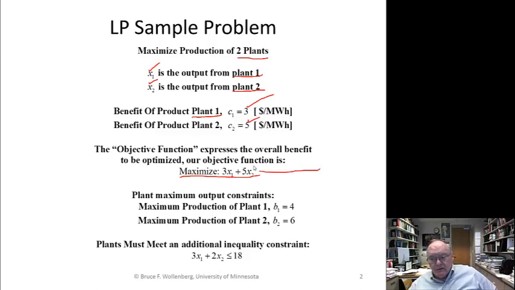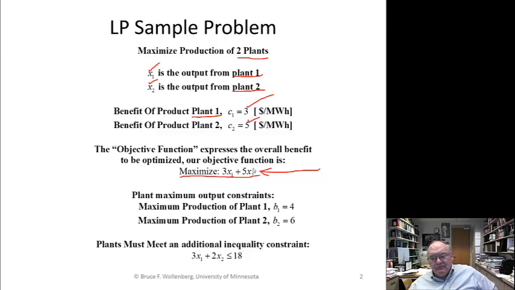Now note, this is a linear function. This is the first thing that you run into with LP, that the objective function is a linear function. There are no squares or any other functions in there, other than just constant coefficients times the variables.